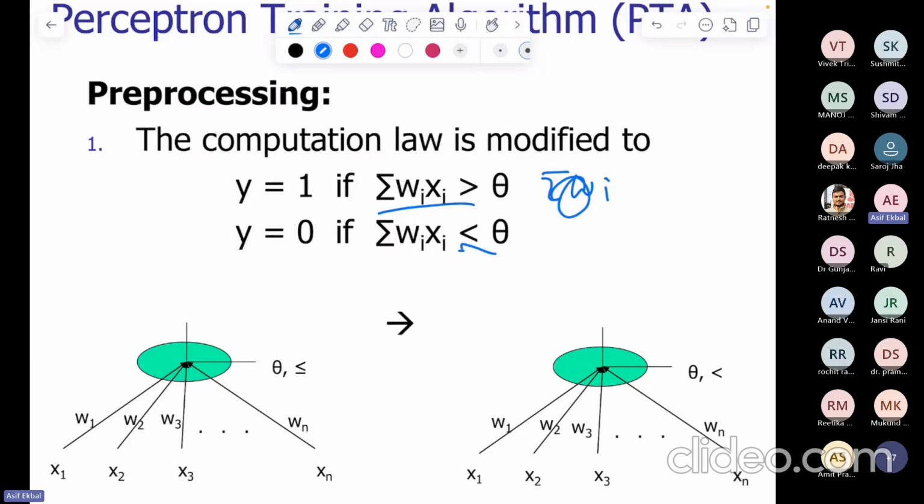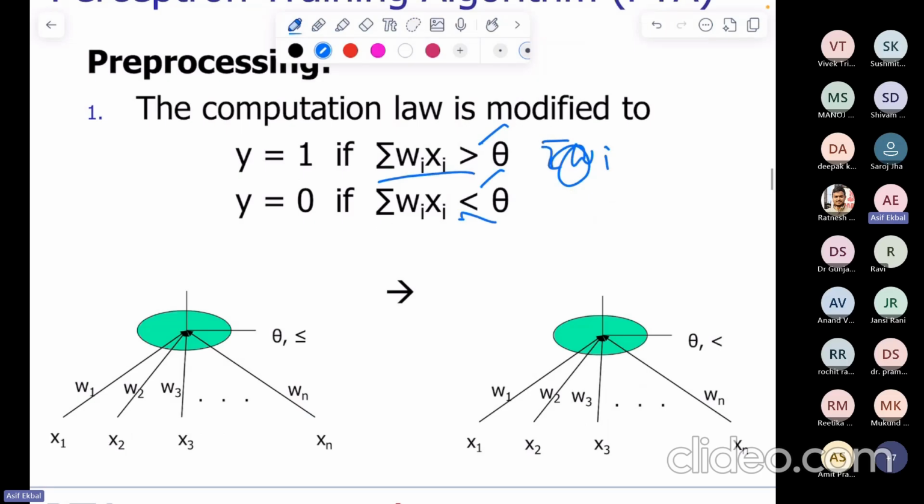Now we are ignoring this equality sign and strictly considering greater than and less than. So our original representation, where we have less than or equal to, we modify it by removing the equality sign and keeping just the less than sign.